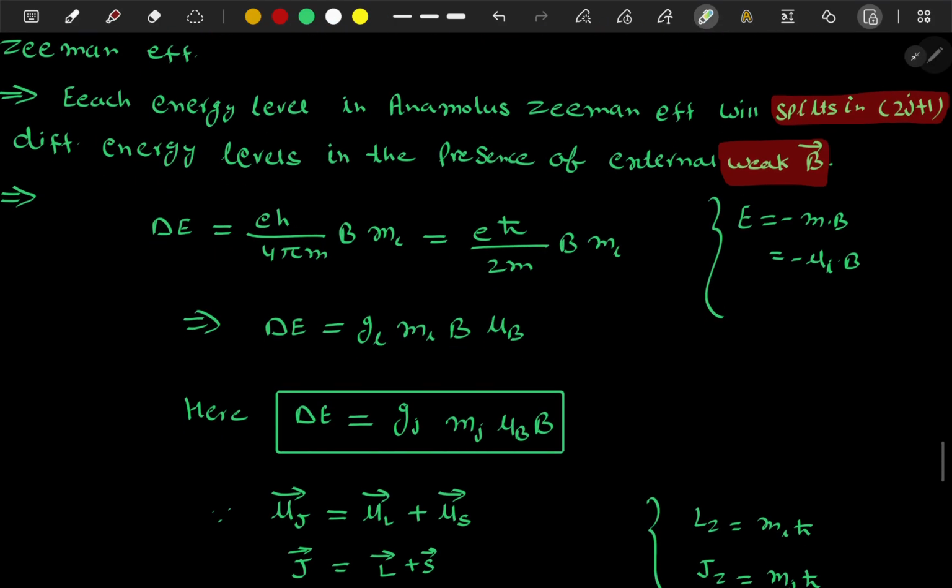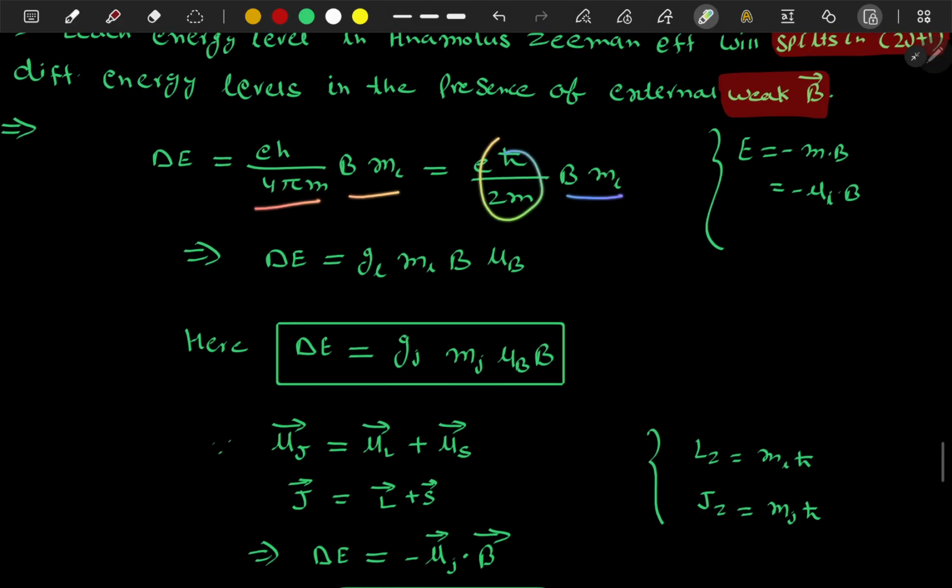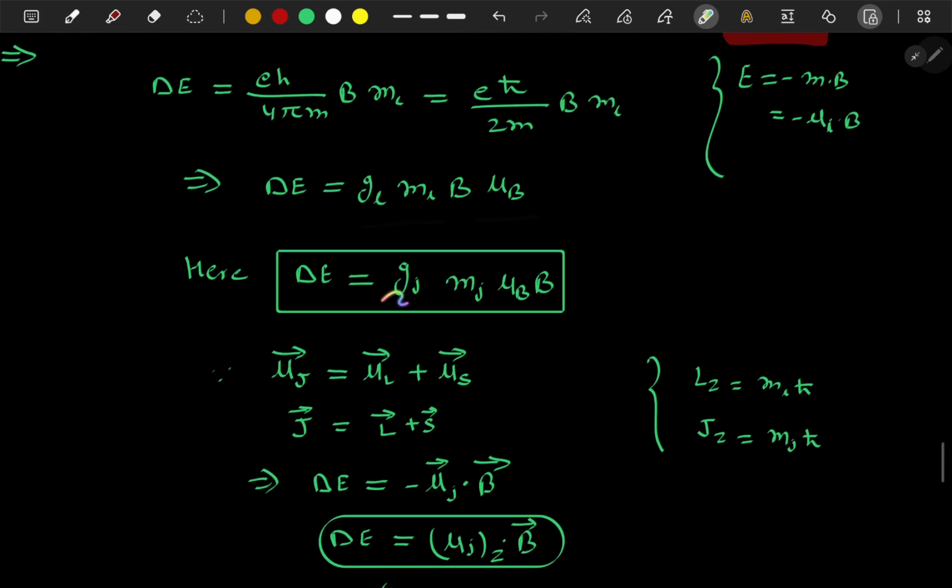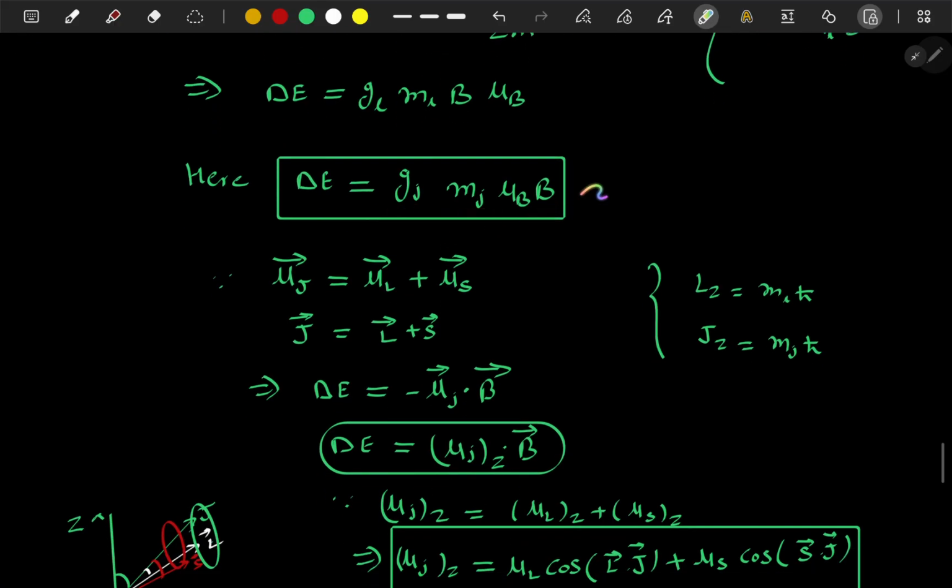Now let's move forward. ΔE equals (eh/4πm) B into m_l, so ΔE equals g_L m_l μ_B B. Here ΔE equals g_J m_J μ_B into B, and we know this formula. Now we are studying this formula for anomalous Zeeman effect.